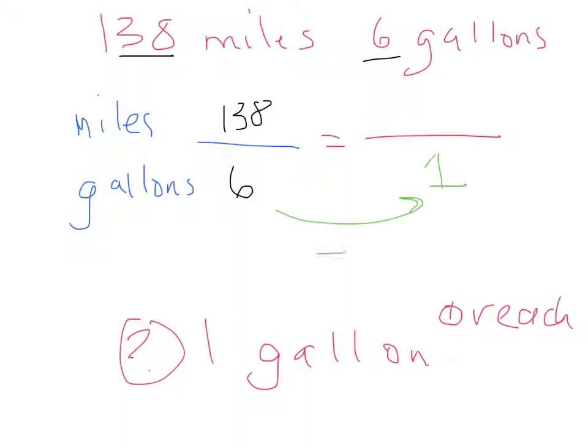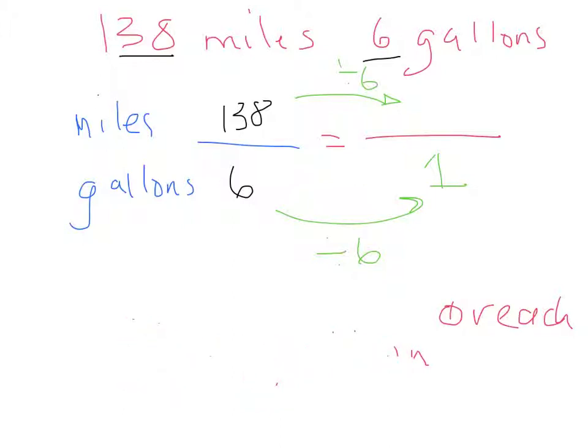I'm dividing by 6 to go from 6 to 1. If I divide that by 6, I'm also going to divide the 138 by 6, my numerator by 6. So I'm going to make a little space here to figure out what it is for each gallon. 6 goes into 138.